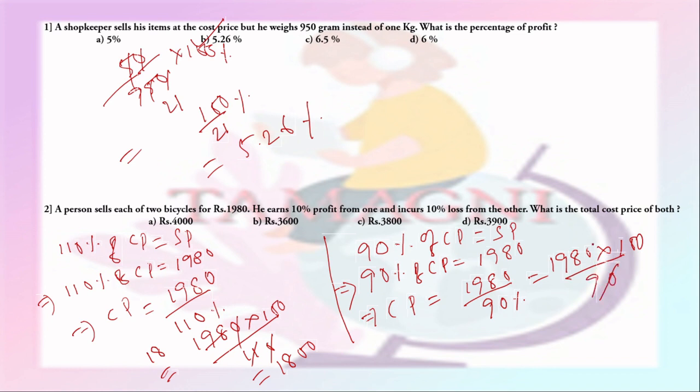On cancelling zeros, we shall divide 198 by 9, and hence we get 22, which gives 2200. So the total cost price will be equal to 2200 plus 1800, which gives 4000. So option A is the right answer.